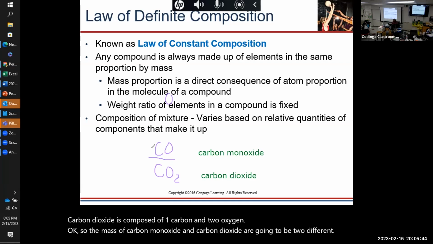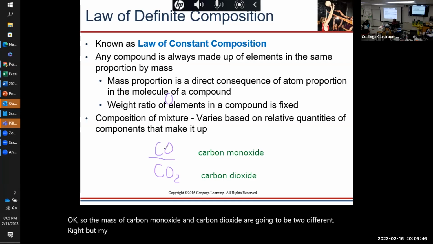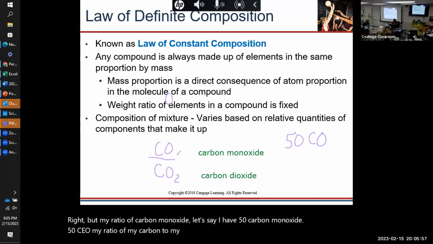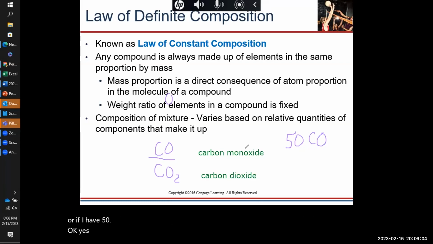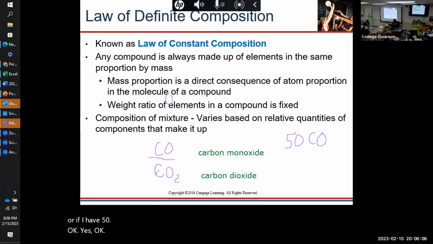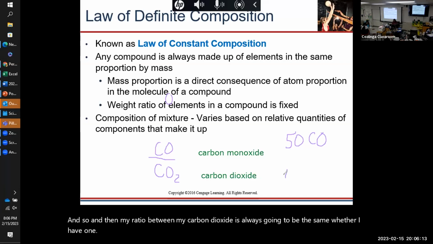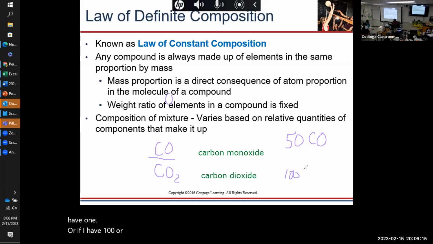But let's say I have 50 CO. My ratio of carbon to oxygen is always going to be the same, whether I have 1 or 50. Okay, yes. And my ratio in carbon dioxide is always going to be the same, whether I have 1 or 100 or 50.